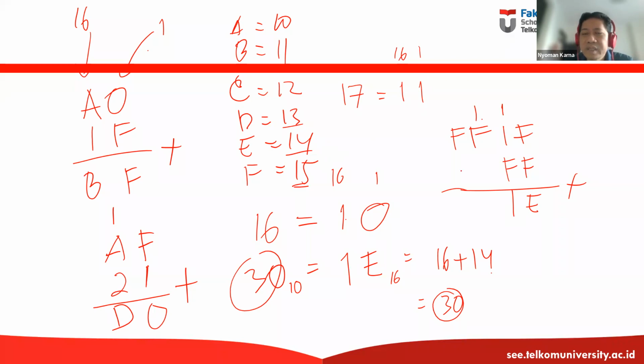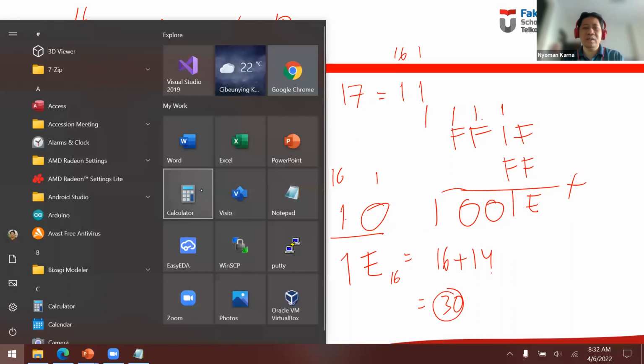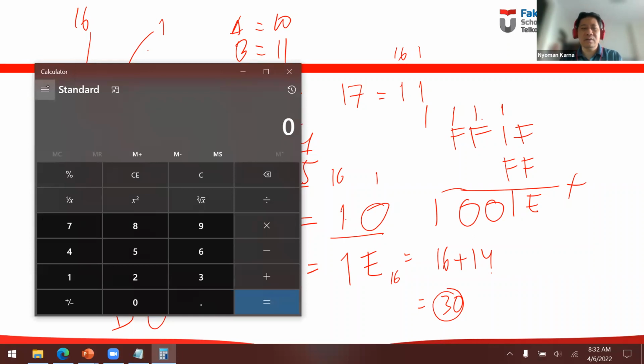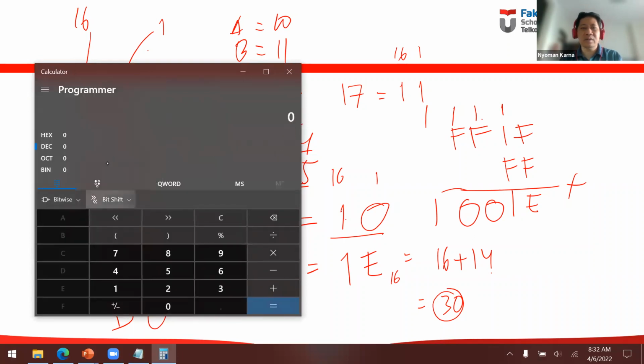So it will be 1 and 1 in here. And then 1 plus F. F is 15. 15 plus 1 is 16. So 16 will be 1, 0. And then this one is 1. Okay, now let's check using the calculator, using the programmer.